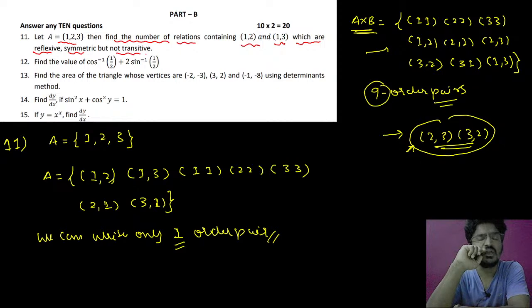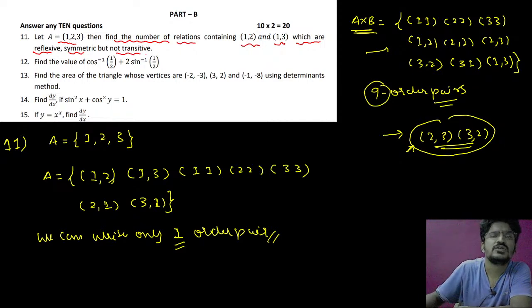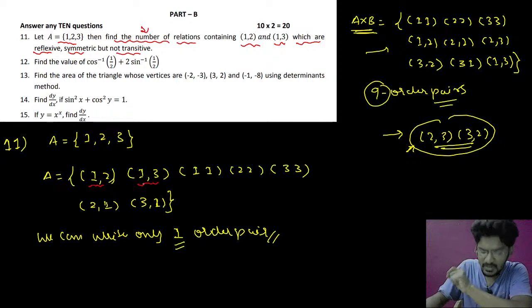Here, first you write the relation which is reflexive, symmetric but not transitive. They have asked the number of relations containing (1,2) and (1,3) which are reflexive and symmetric but not transitive. So I will take (1,2) and (1,3), which have to be in our relation according to the given condition.